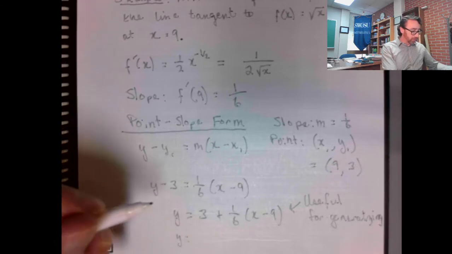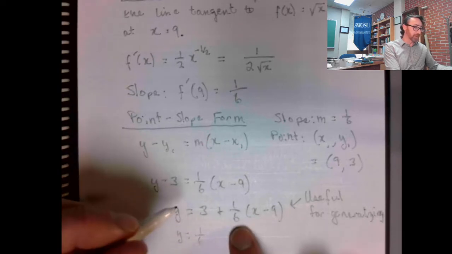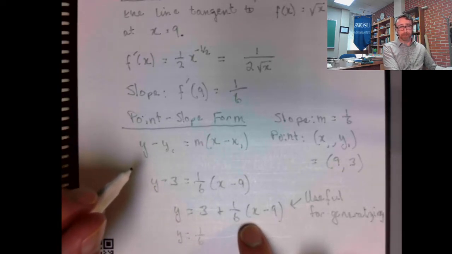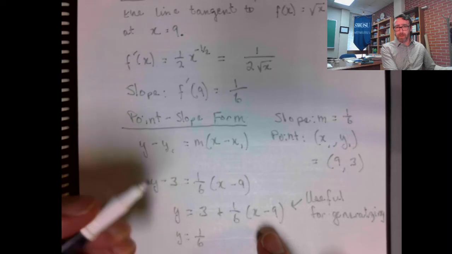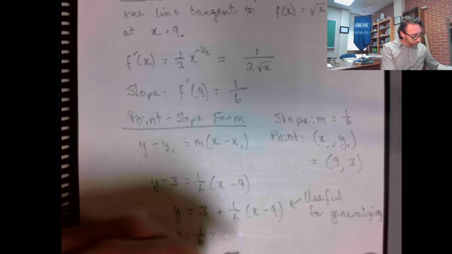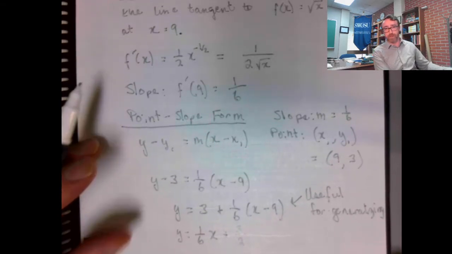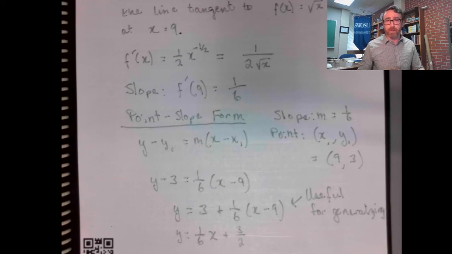Now, of course, we can simplify this a great deal if we distribute. We distribute the 1/6 times 9, which is 3 over 2, and it's negative. So I get y equals 1/6 x plus 3 over 2 as the equation of my tangent line. Okay, so pretty easy Calc 1 problem, writing the equation of a tangent line.